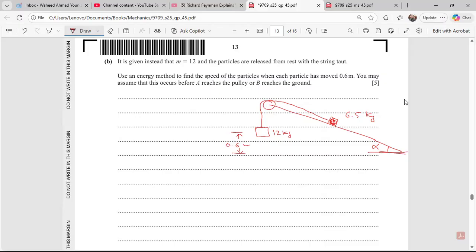You see, when this mass falls down by 0.6 meter, how much its potential energy will reduce. So the reduction in this potential energy is going to be mgh, we know that, right? Mass is 12 kg, g is 10, and h is 0.6, right? So this would become 72 joules.